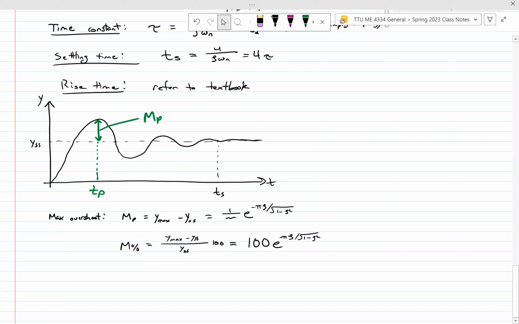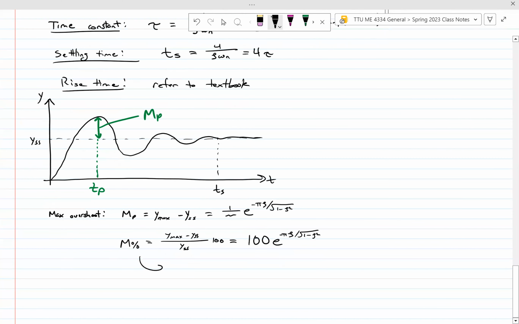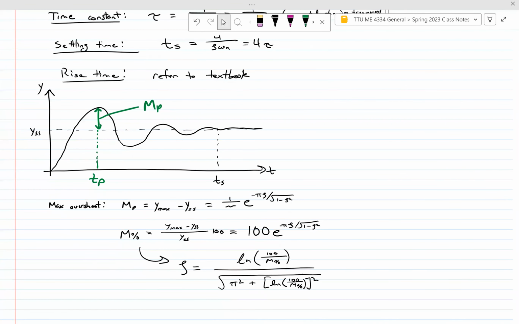And there is a relationship between these two, where we could solve this in reverse for zeta. If we have a max percent overshoot, we can work our way backwards and solve for zeta with that value. It involves using the natural log, but it's this formula here.